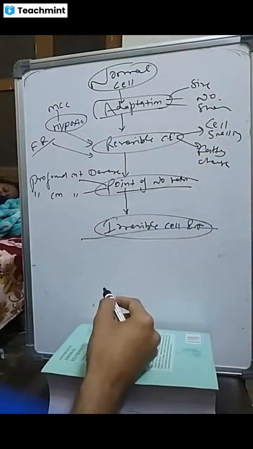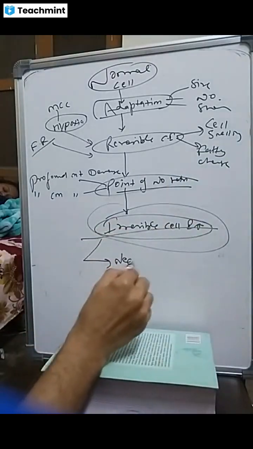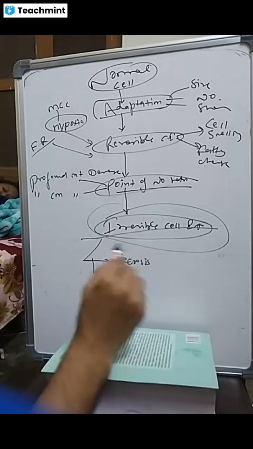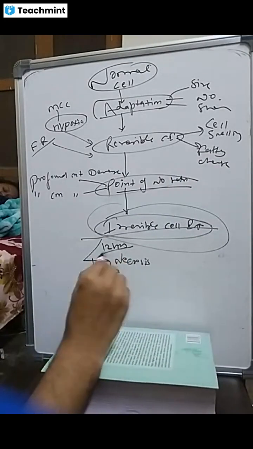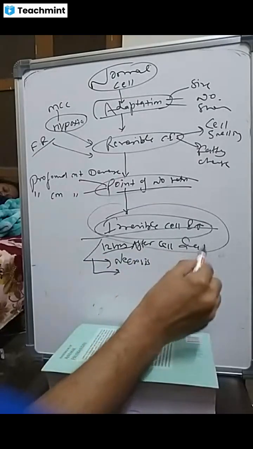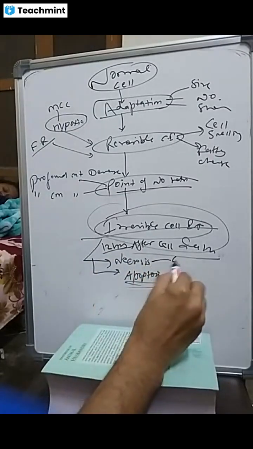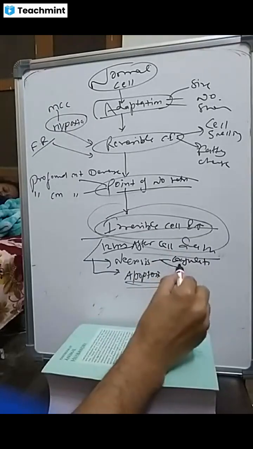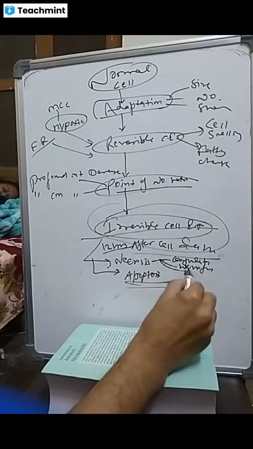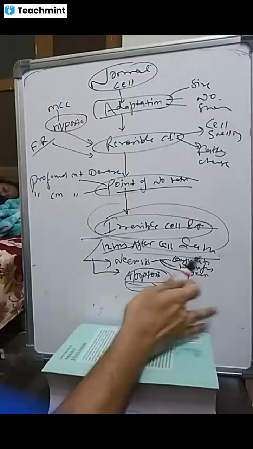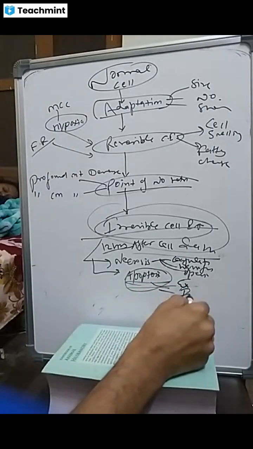In irreversible injury, we will see two changes, which are cell death changes: necrosis and apoptosis. Necrosis is of types like coagulative, liquefactive, and some special types. Apoptosis is of the following types: extrinsic pathway and intrinsic pathway.